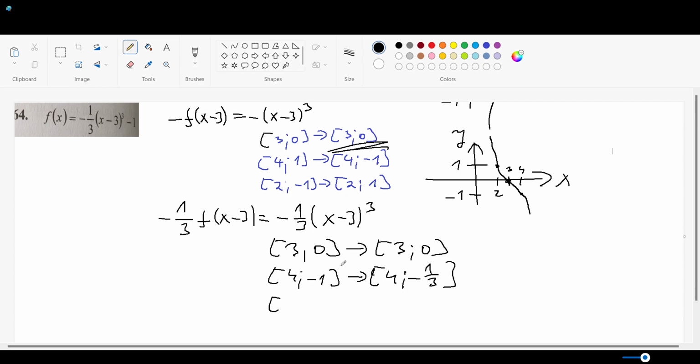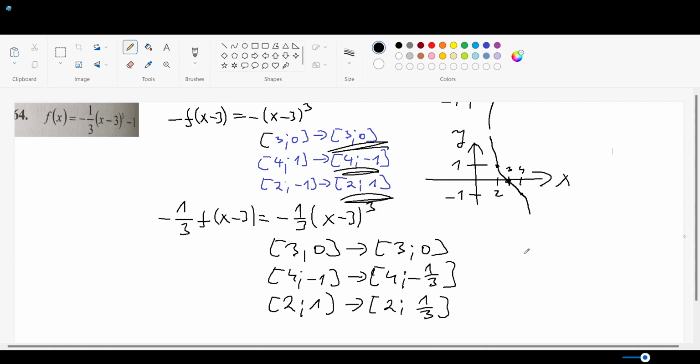The last point we want to talk about is 2, negative 1, and this will be transferred, or y negative 1, I'm sorry, to positive 1, because we apply the multiplication of 1 over 3 as the last step of the transformation. So it's going to be 2 and 1 over 3.